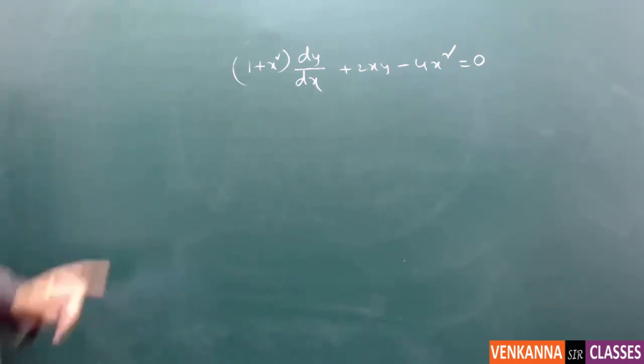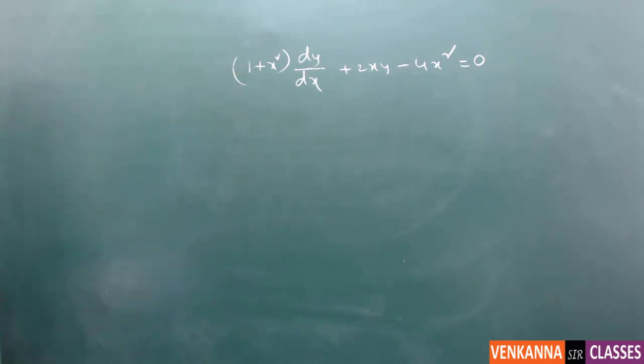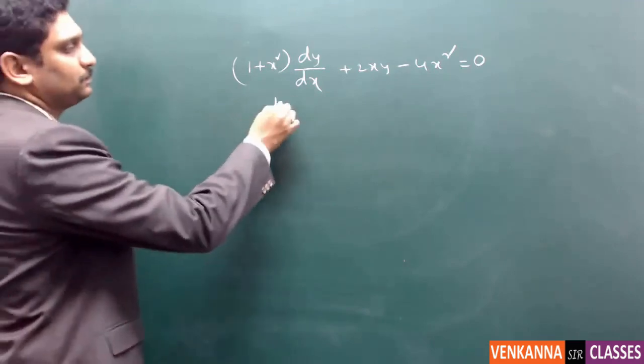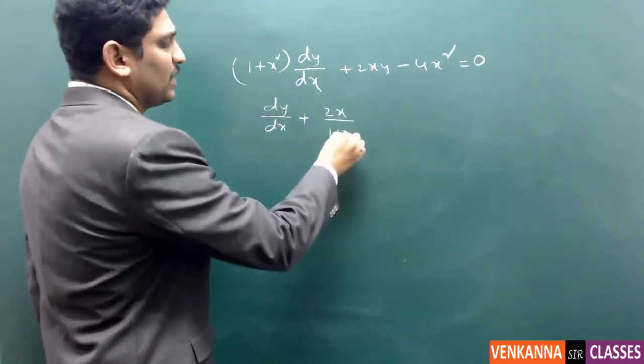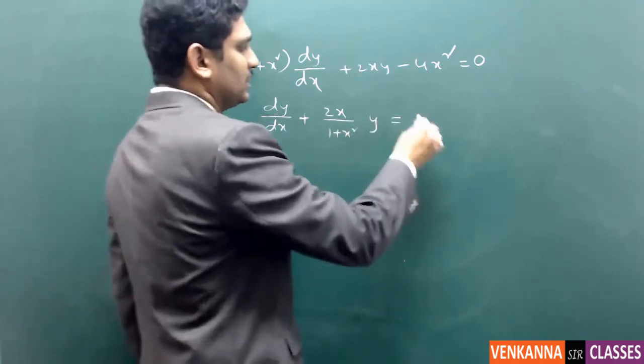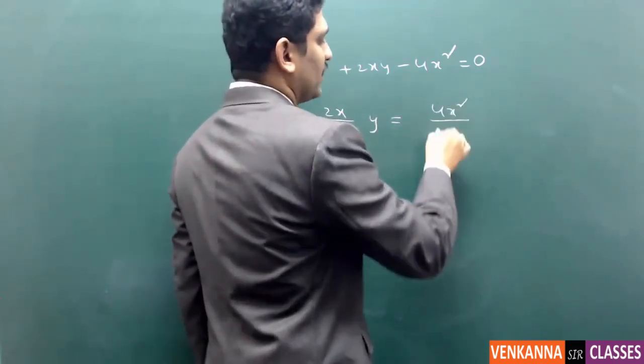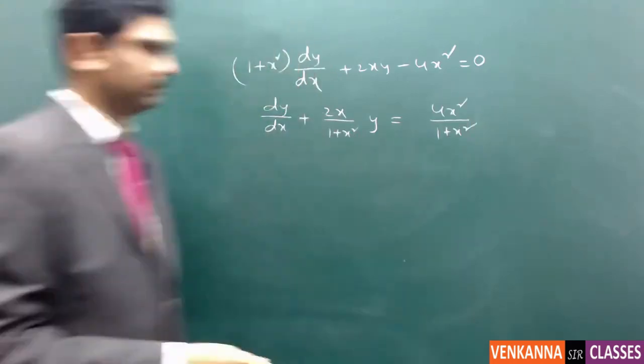Okay. So dividing the given equation by 1 plus x square, you have dy by dx plus 2x by 1 plus x square into y equal to 4x square by 1 plus x square.